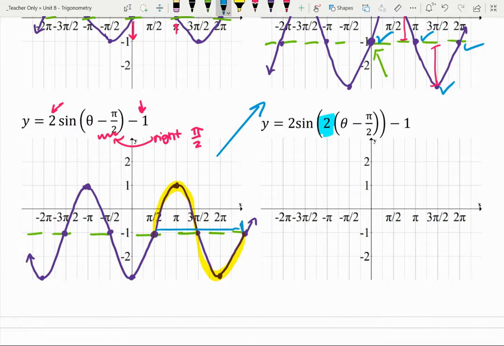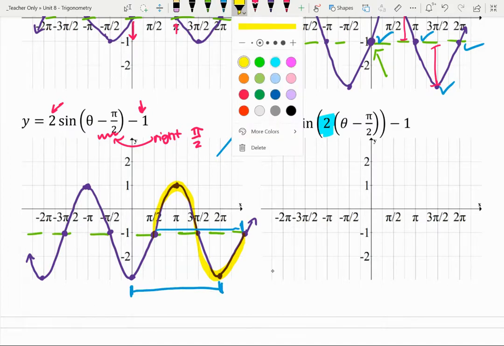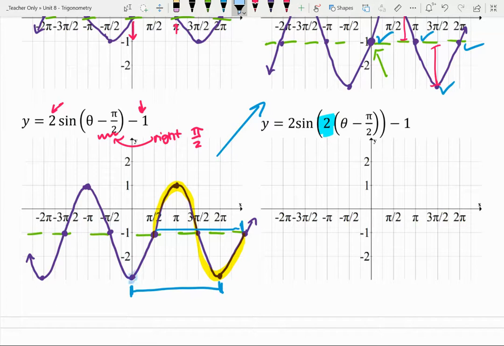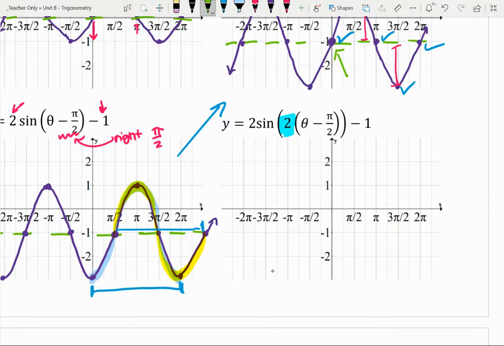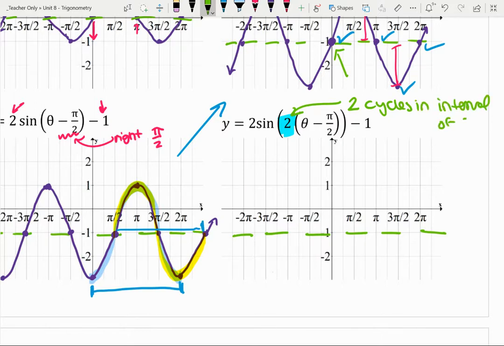If it's easier, we could think about, well, from 0 to 2 pi, it's still really one full cycle because it's going from minimum up to maximum and back down to minimum, and it would repeat that over and over again. So for our fourth graph here, we're going to have a frequency of 2, which means that in that same interval of 2 pi, since period does have a specific definition, we're going to have 2 cycles in the interval of 2 pi.